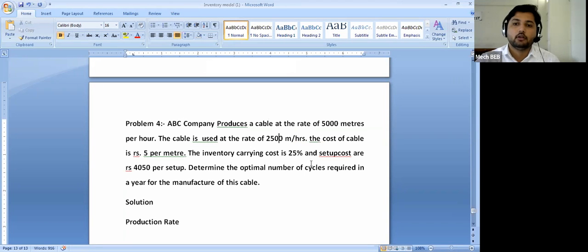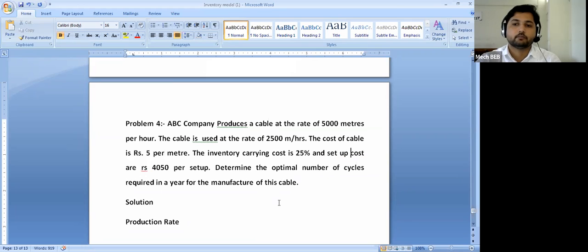The cost of cable is rupees 5 per meter. The inventory carrying cost is 25%, 25% of 5 rupees.